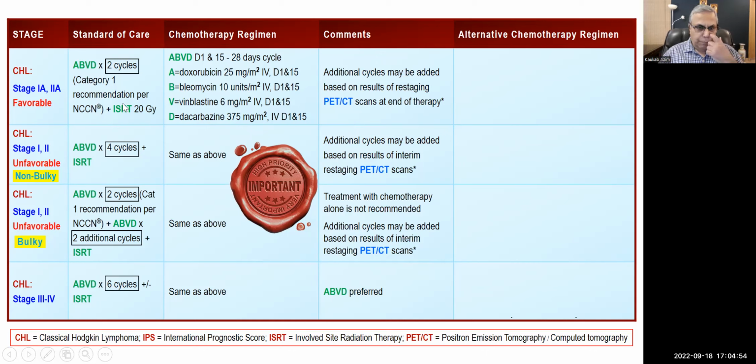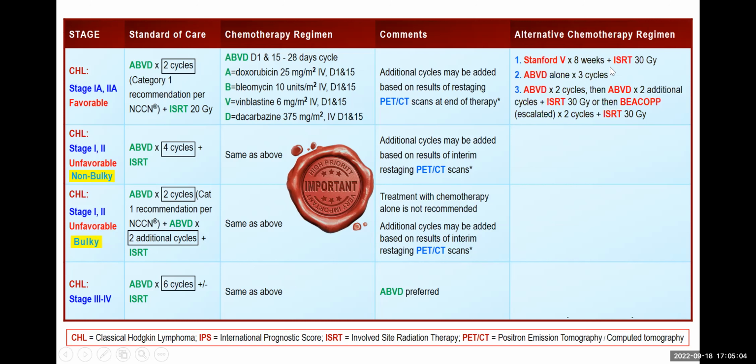So you give this therapy, and if the lymphoma recurs, then you can add more cycles, or we have alternative chemotherapeutic regimens which are given over here. All right. So Stanford 5, ABVD alone, we have got this radiation therapy, or we have got BCOP. I'll show you once again in the next slide.